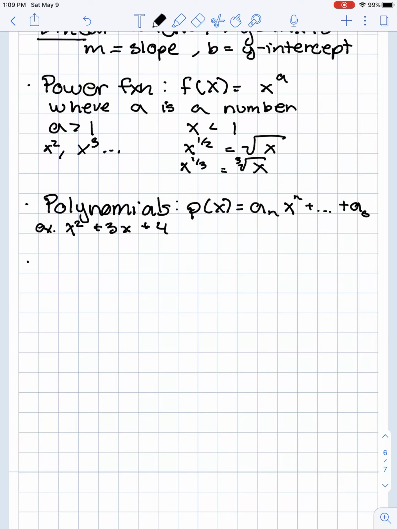Well, what if I took one polynomial and divided it by another polynomial? We call those rational functions. Rational comes from ratio, I'm going to divide things. When I divide things, that's also called the quotient. Right?